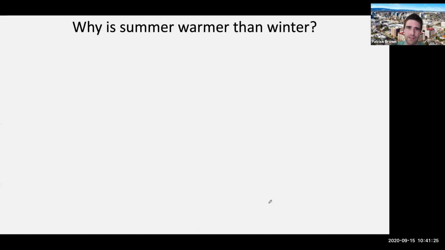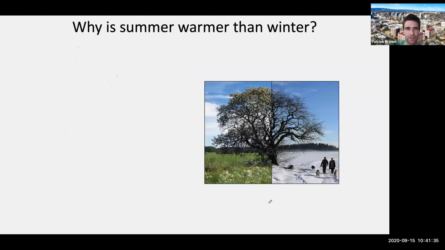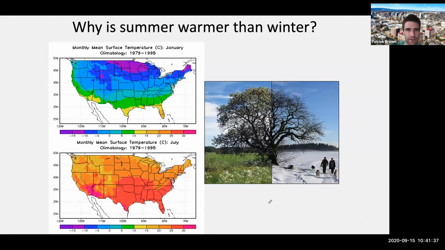And then probably the other example that's most familiar is our seasonal cycle, that summer is warmer than winter. So here are some graphs of the United States monthly average temperature in the winter in January, and then monthly average temperature in July.